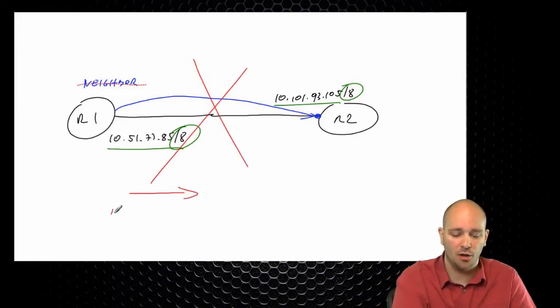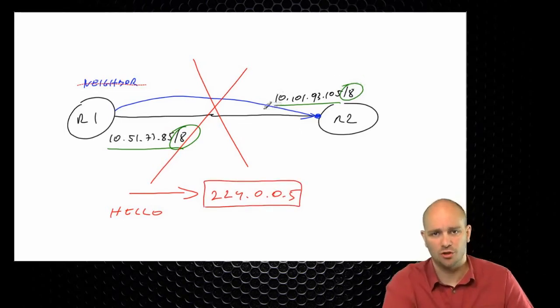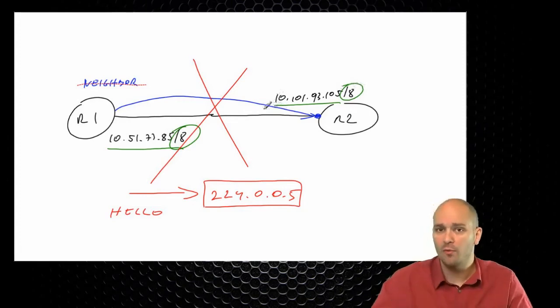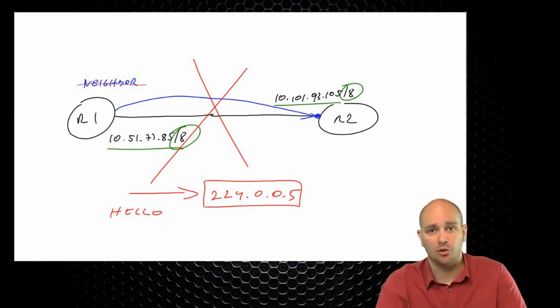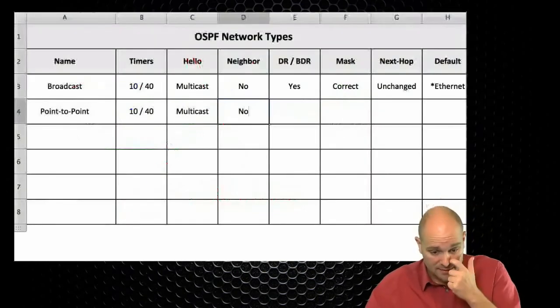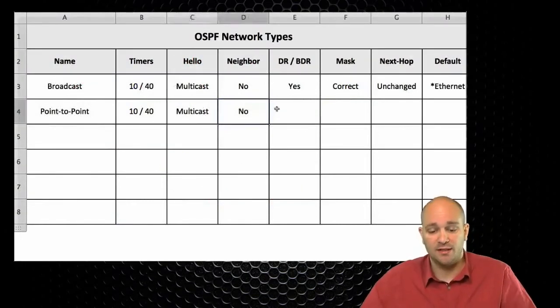Because the actual hello that is being sent is going to be sent to 224.0.0.5, precisely to avoid having to know what's on the other side. Because the only way we would ever know what's on the other side is if we used /31 mask, and /31 mask is not actually a requirement to get the point-to-point network type going. So this is why we are sending multicast hellos, and we don't need the neighbor statement.